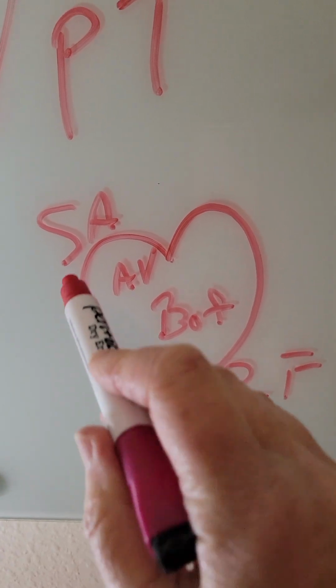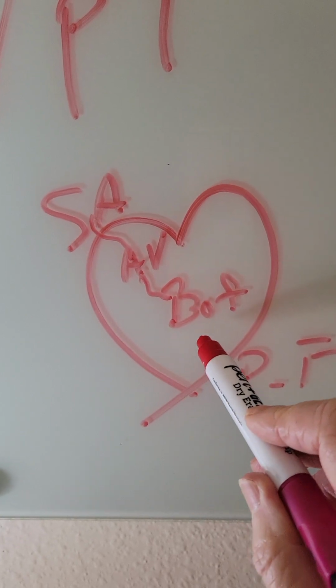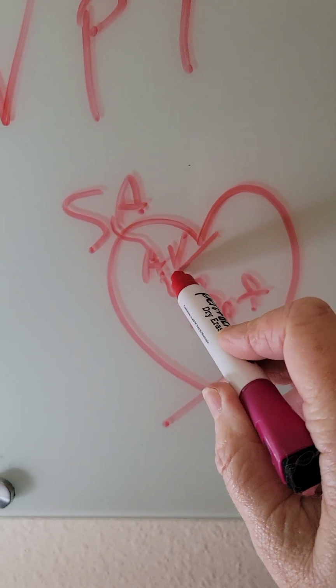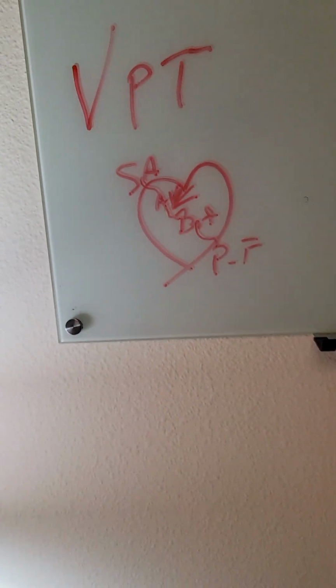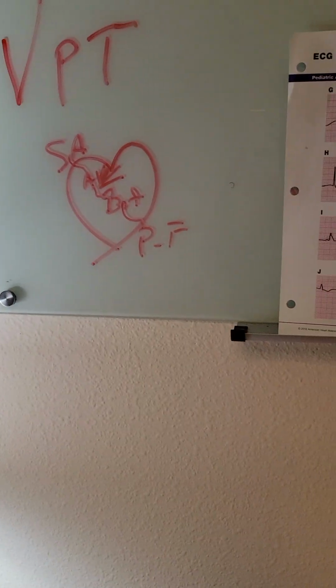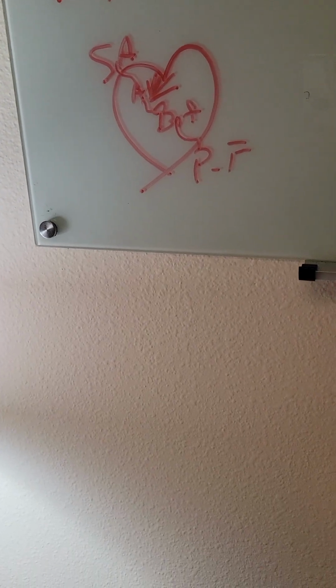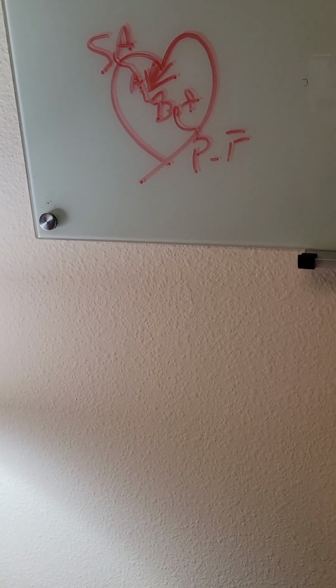And what connects them is our little conduction wire, if you will. We have an AV block. Beep, beep, beep. And so for that, American Heart says, for an AV block, we're going to go ahead and use the atropine.